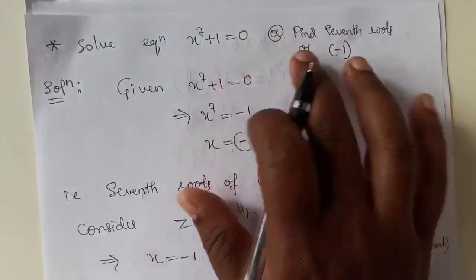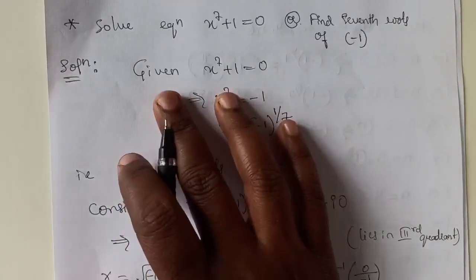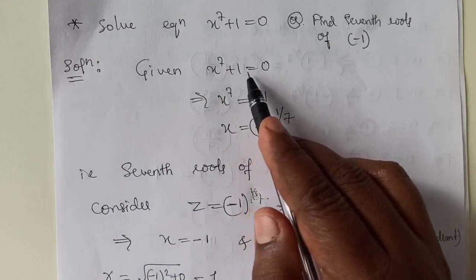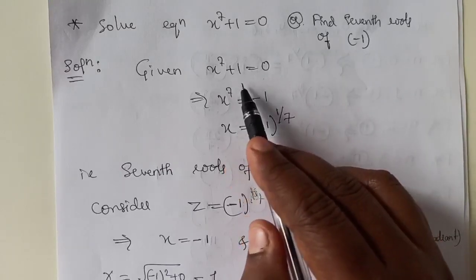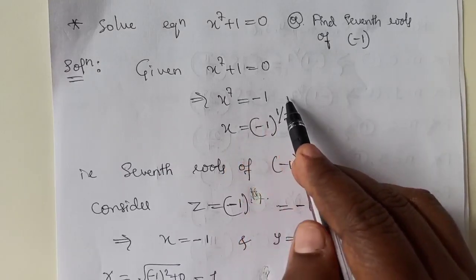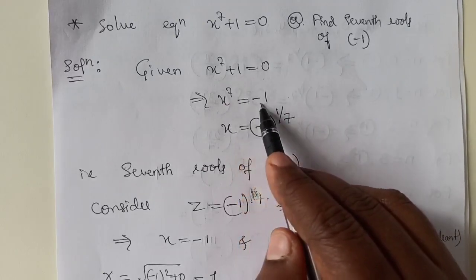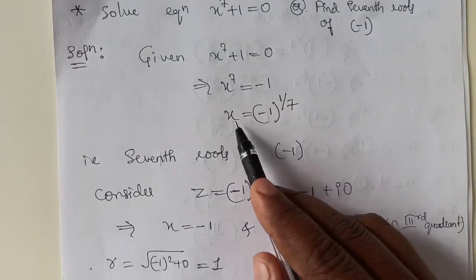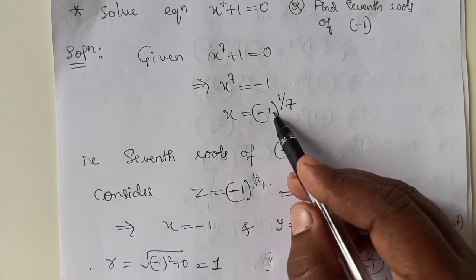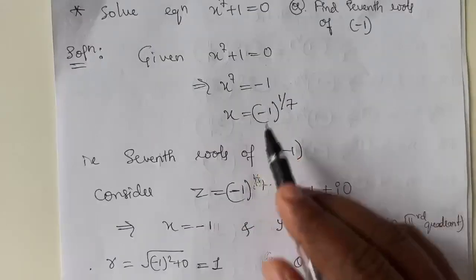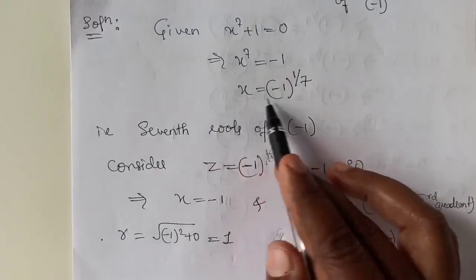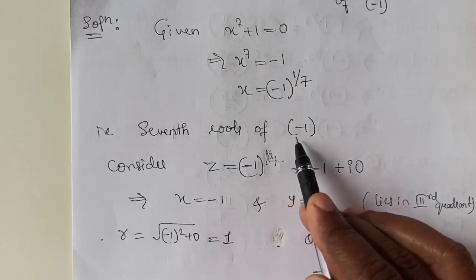Both are similar. Given that x power 7 plus 1 equals 0, on sending this 1 to the right side, we get x power 7 equals minus 1. So that can be written as x equals (minus 1) power 1 by 7. So now this means the 7th roots of minus 1.